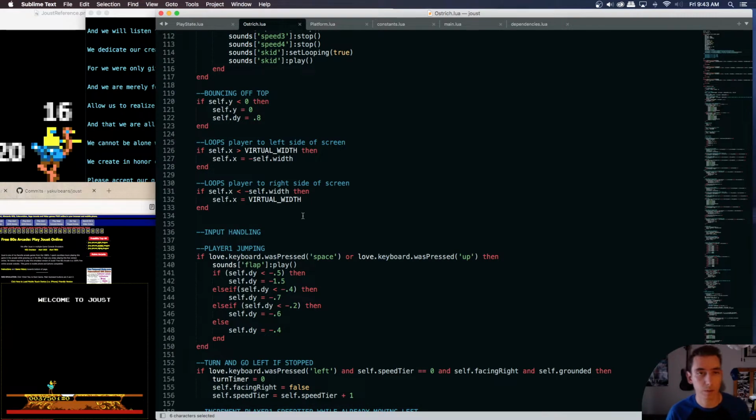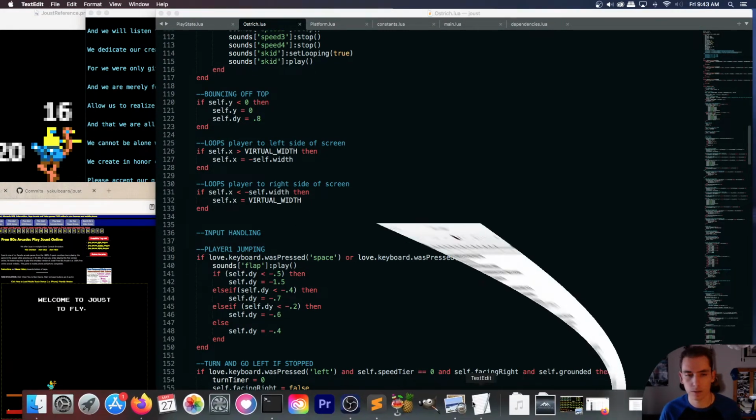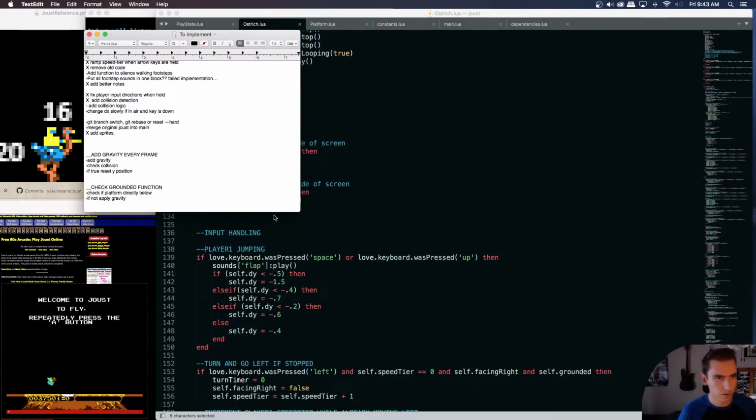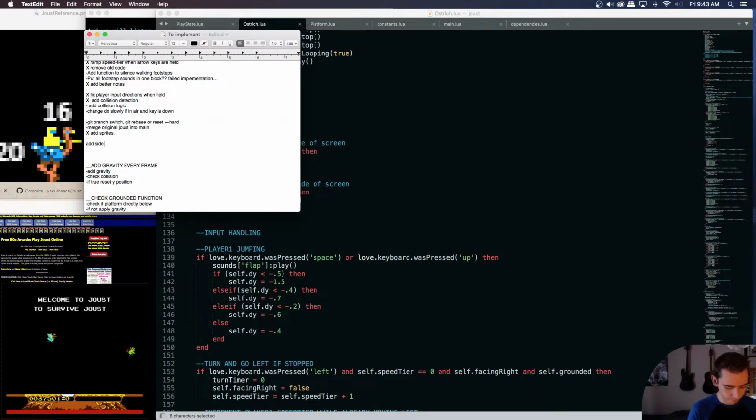And one other thing we need to add is the side collide sound. And then refactor speedTier out.